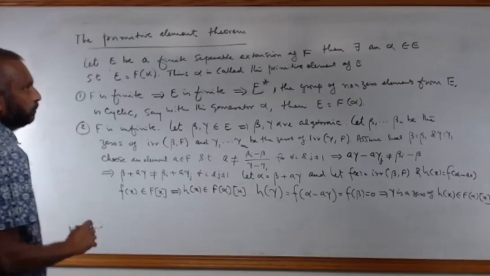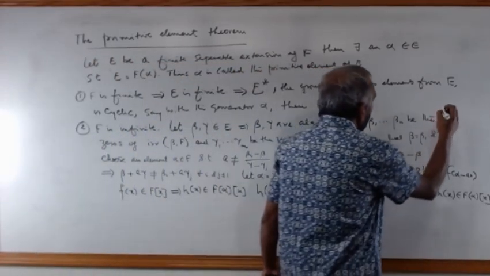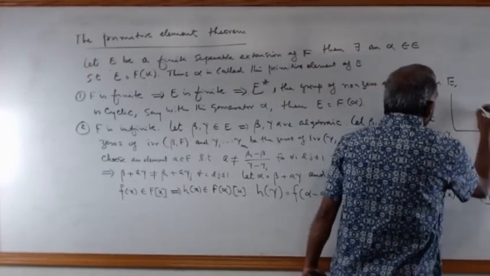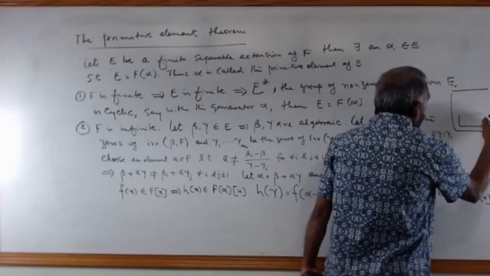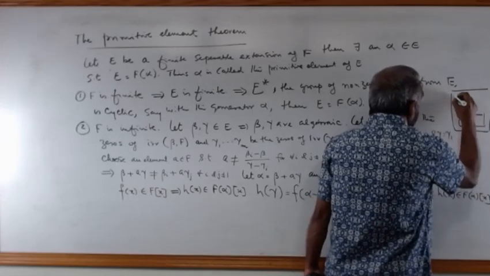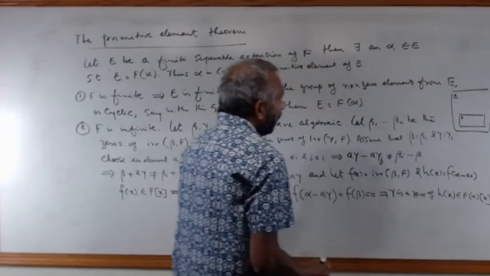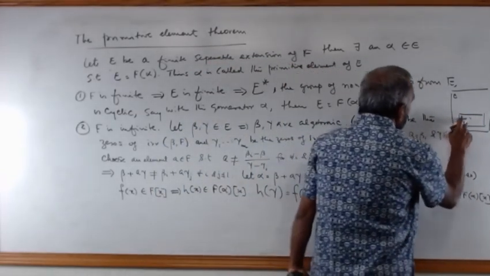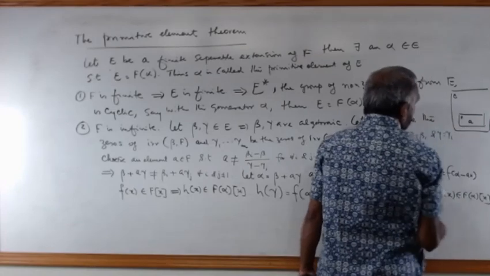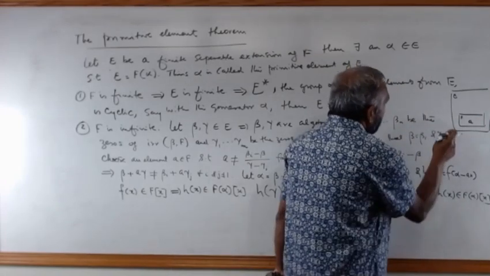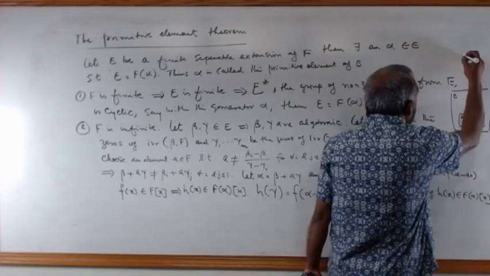I want to explain one more thing before we go ahead. See, if there is an f here and there is an e here, if there is an element here, like let's say a, then its irreducible polynomial is x minus a.